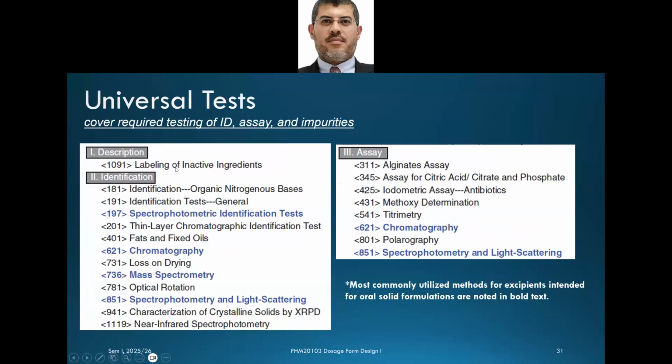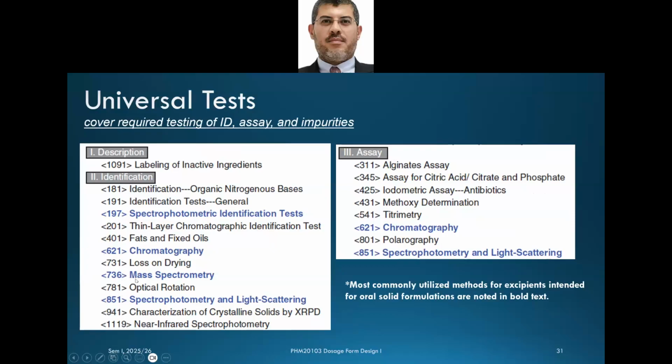Particle size distribution, surface area, the flowability, density, wettability, hygroscopicity, and crystal state. They are all affected by these. They can all be tested by these tests: analytical sieving for particle size distribution, and laser diffraction can be used. Gas adsorption can be used to determine the surface area. Flowability can be tested by powder flow tests and so on.